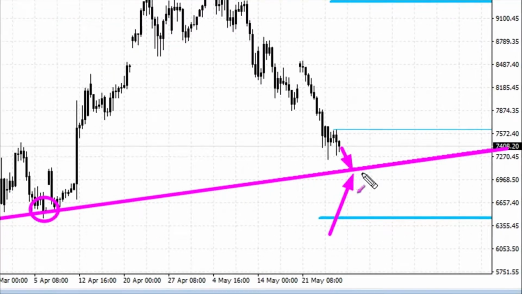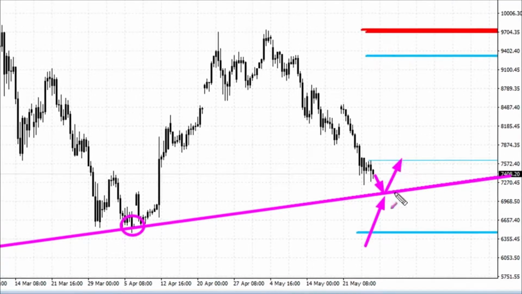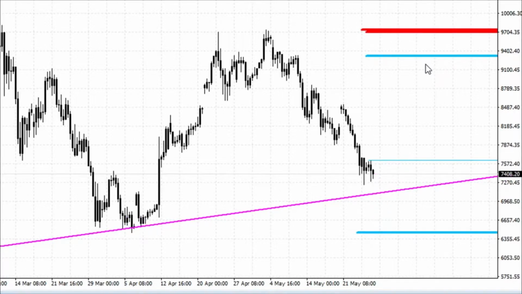So there's a small probability that if Bitcoin comes and tests that level, we might see a bounce off of those levels. Will it be enough to gather momentum and actually push Bitcoin higher? Maybe, but I personally doubt it. I think the more likely scenario is that we'll come down and retest the previous lows.